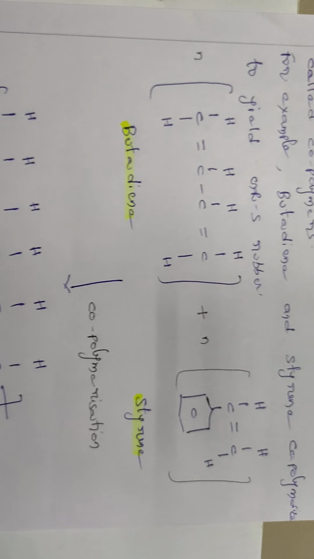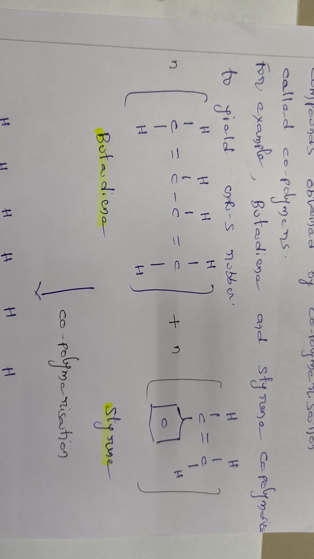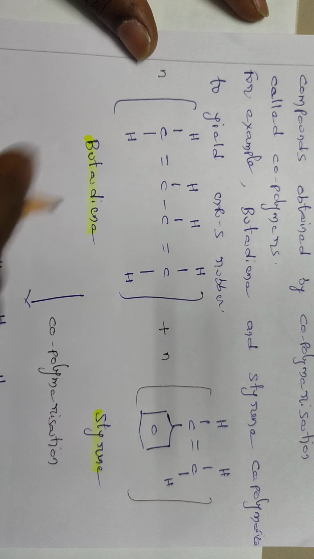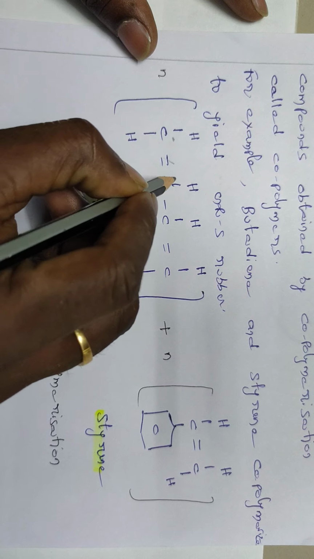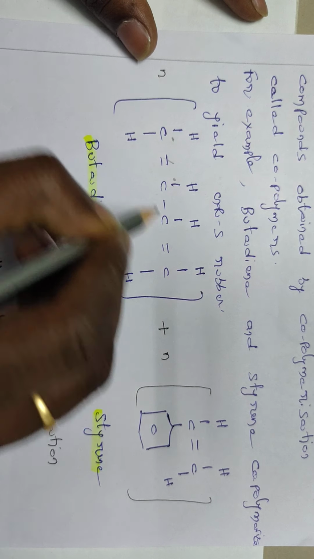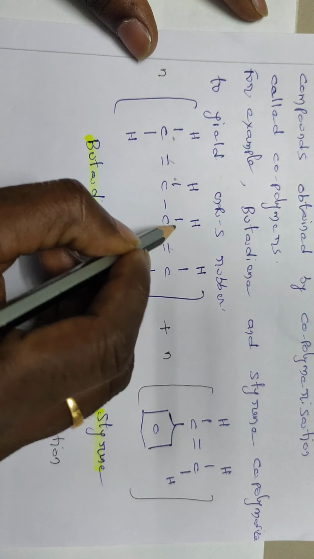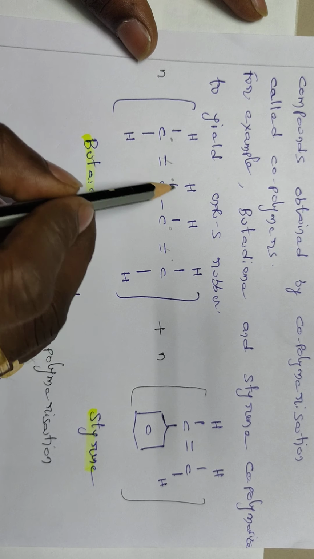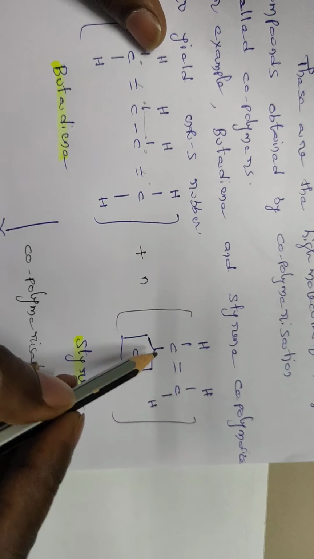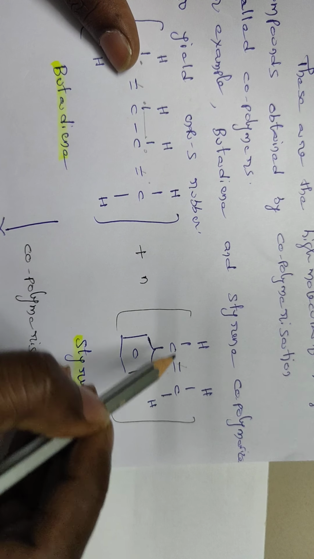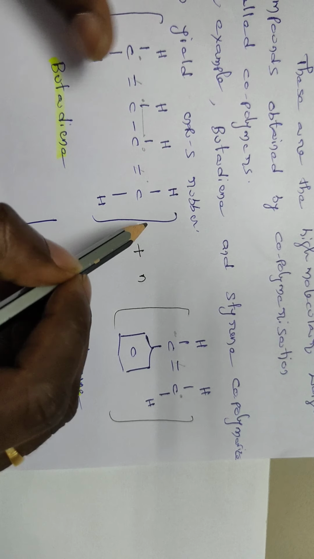On combination of these two monomers, this pi bond will be broken and it produces 2 active bonding sites. These 2 active bonding sites form a bond. Here this pi bond will be broken and it produces 2 active bonding sites.